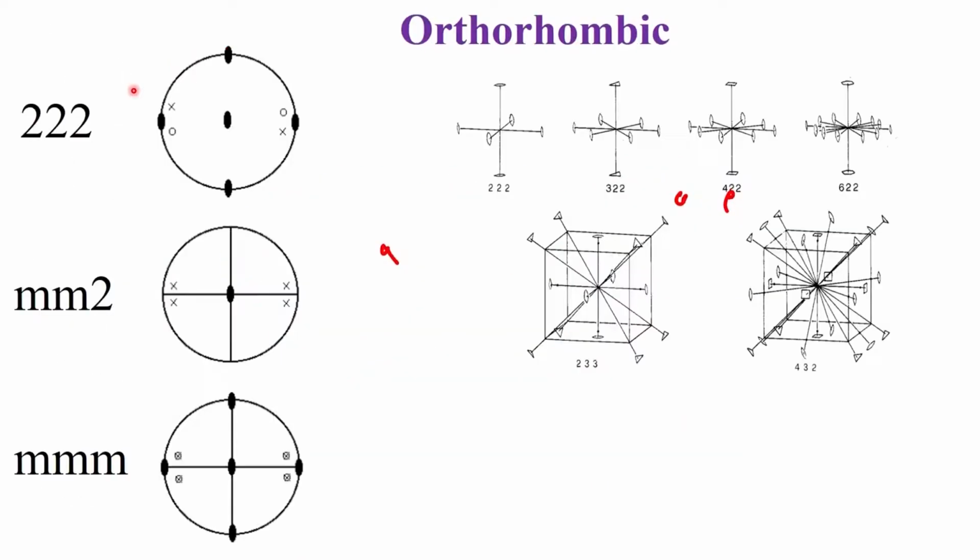So, we have now covered the point group descriptions of triclinic and monoclinic, and we will now proceed to the orthorhombic symmetry and then go for the description of individual point groups here.